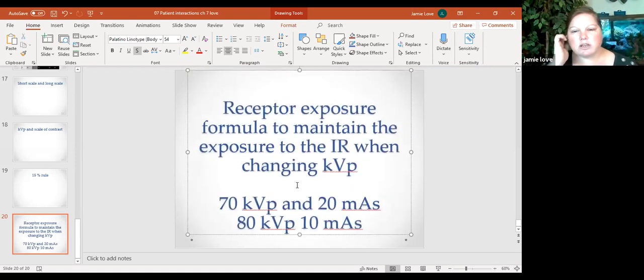This happens usually when you're in a portable situation too, and you're not in the X-ray room, where you want to adjust from what you would normally use because of certain factors in the patient, or your X-ray didn't come out right and you need to make some changes. It needs to be darker or lighter or more penetrating, and you knew the mass should have been this, but if you use that same mass, it's going to be too dark. So we're going to do some exposures in the lab with this.